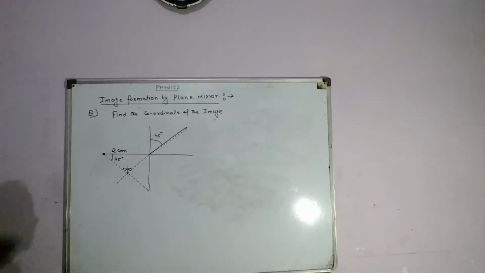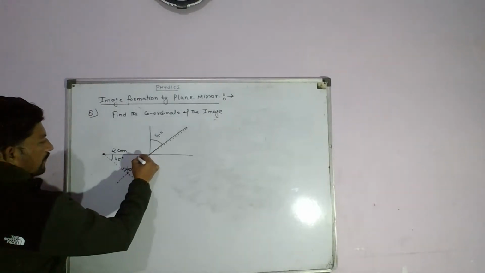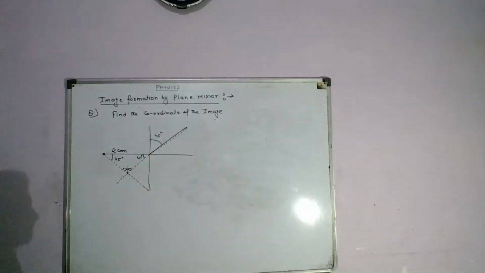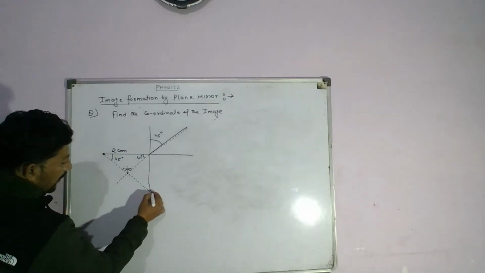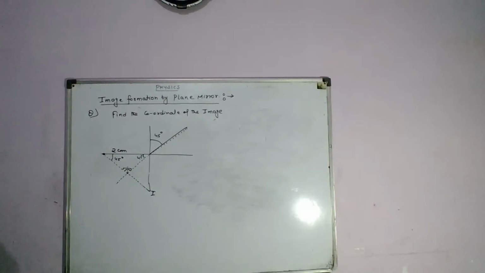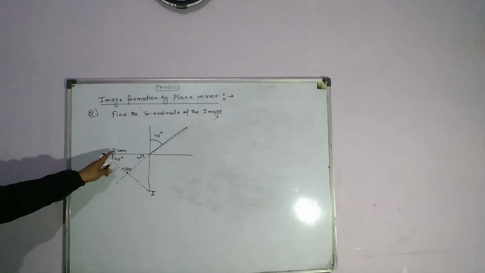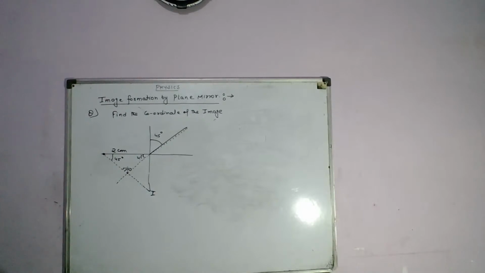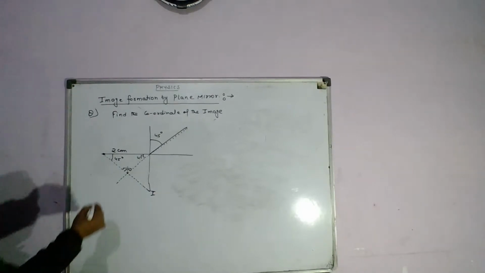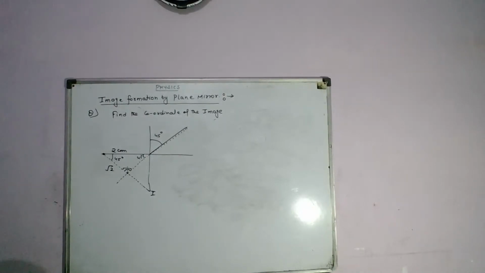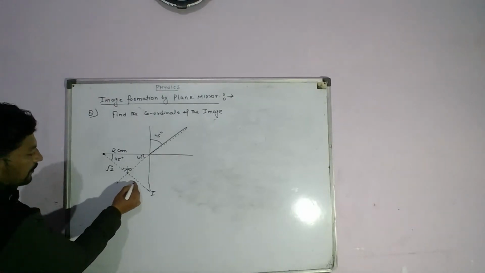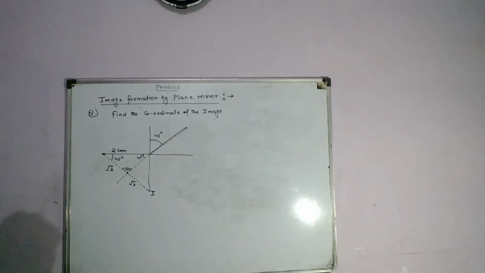If this angle is also 45 degrees, then at this point the image is formed. So find the coordinate. This is given as 2 centimeter, so this will be under root 2. Clear? So this is also under root 2. Clear?